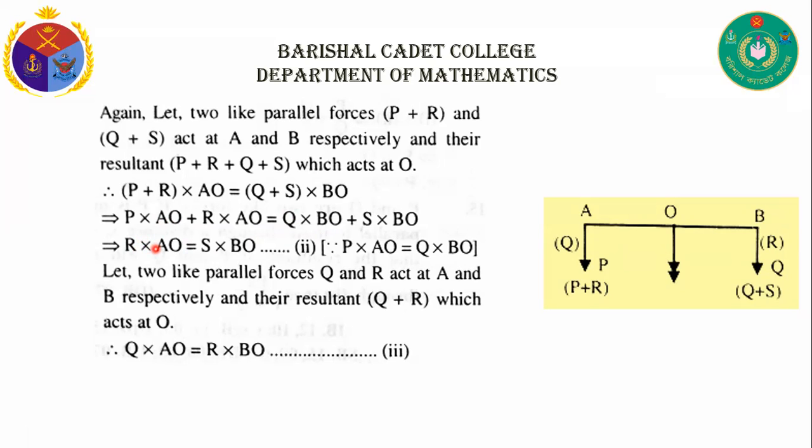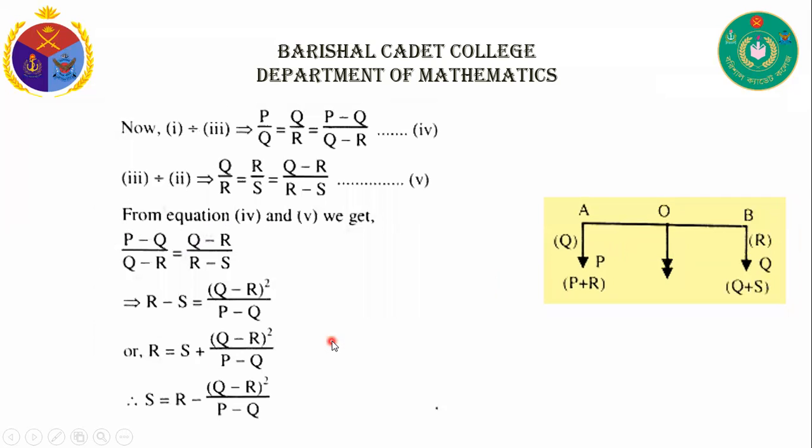Okay. Again, the last transformation: two like parallel forces Q and R act at A and B respectively. Their resultant Q + R acts along O. So we can write Q × AO = R × BO.